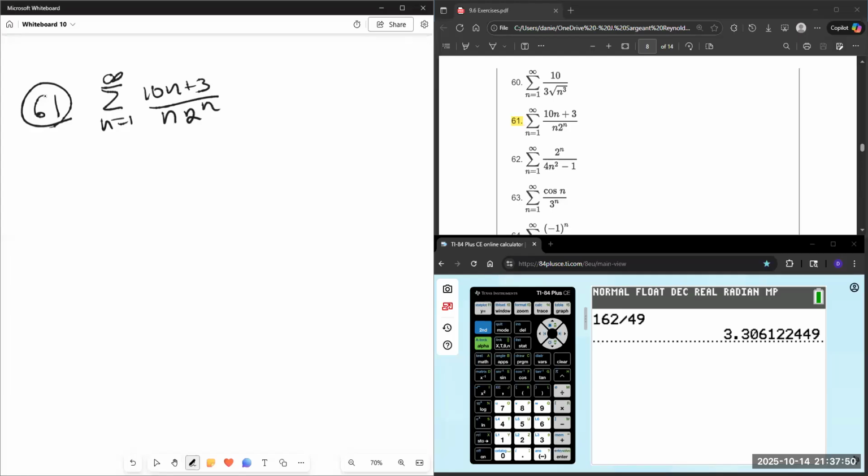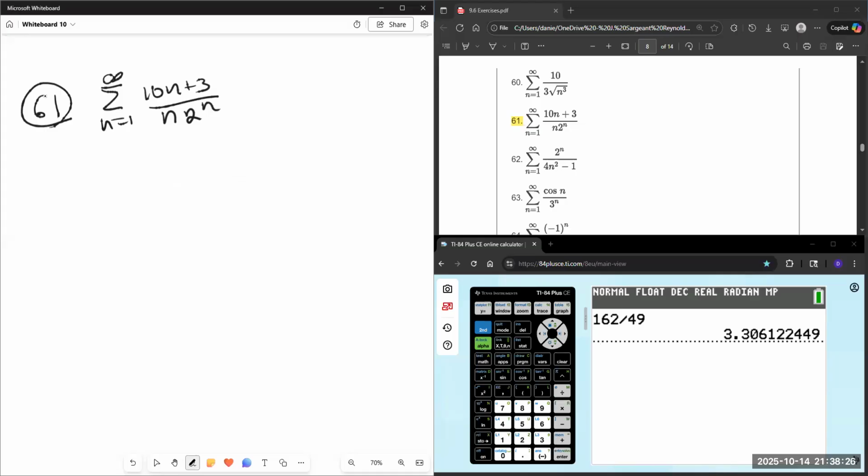Before I do anything else, I'm going to make this (10 plus 3n to the negative first) over 2 to the n. I'm going to look at this one with the nth term test. It would go to 0, so that's not helpful. Let's go ahead and do a comparison test here.